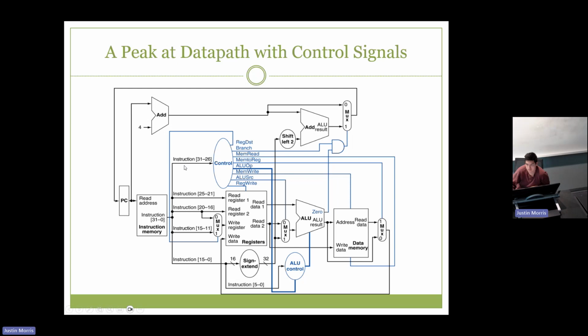Because opcode will tell us what the format is, and that's all of these different signals. Am I using RT as my destination register, or is it going to be just a read register? The only other type of instruction that I need more information from other than the opcode is my R-type instruction, which has this funct code. And that funct code gets input into the block along with ALU op, and that tells the ALU what to do.